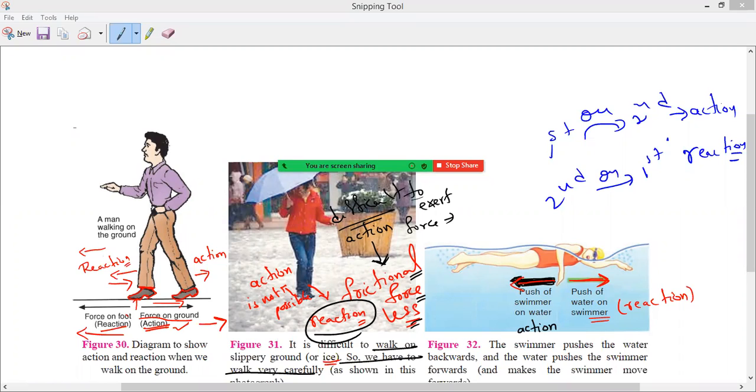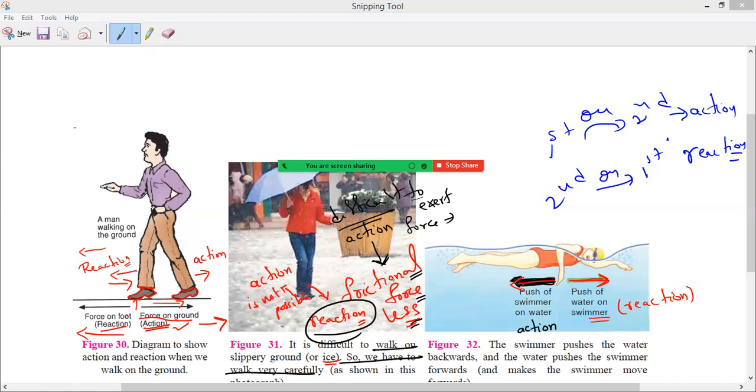After firing, the bullet's velocity will go extremely high with very high acceleration, but the gun cannot, even though the force exerted is the same. Whatever force we exert on the bullet, the same force acts reversely on the gun and will hurt our shoulder if we are holding a big gun.